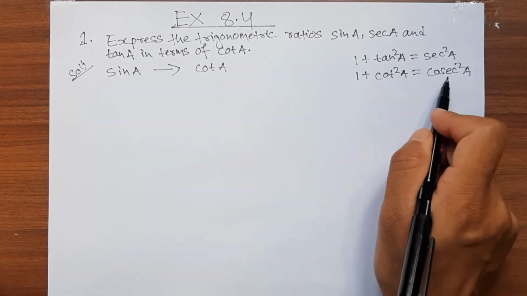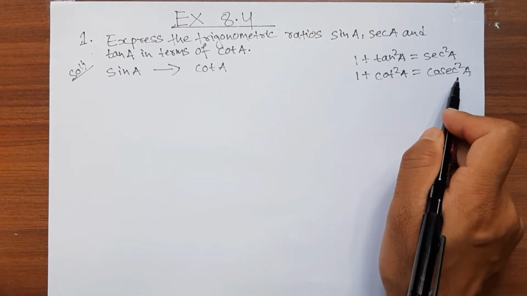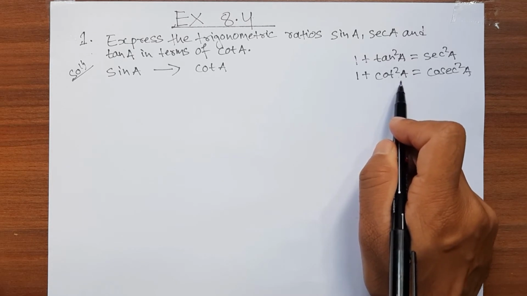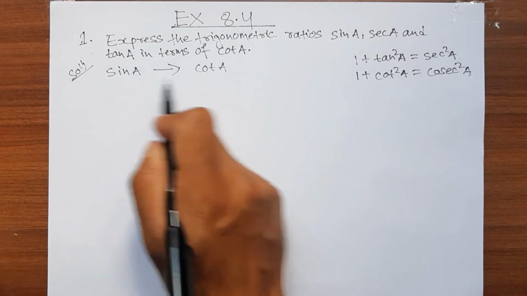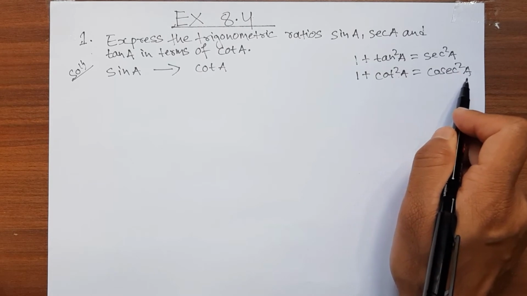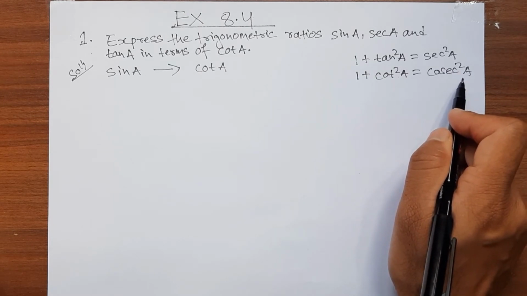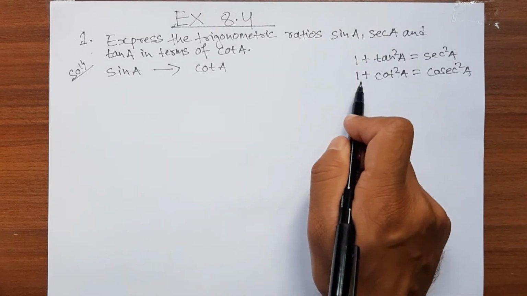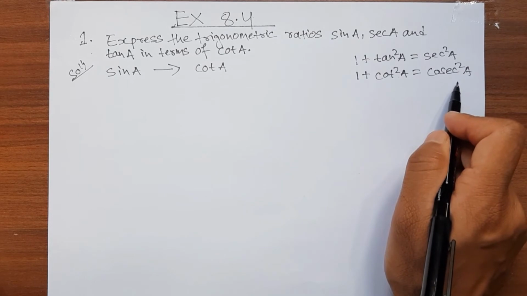Look here, cosec square A is related to cot A. We also know that sin A is related to cosec A, that is, sin A is the reciprocal of cosec A. So we need this identity.